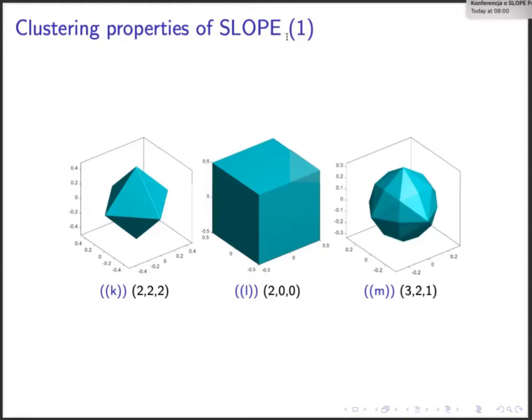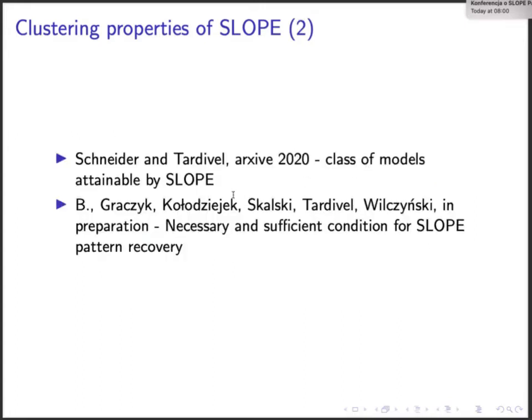We have already heard from Kentaro that slope is actually clustering some regression coefficients. I'm not going to talk about these unit balls too much. There's a very nice paper of Ulrike and Patrick in which they identify the patterns or the structure attainable by slope, so what slope can do.